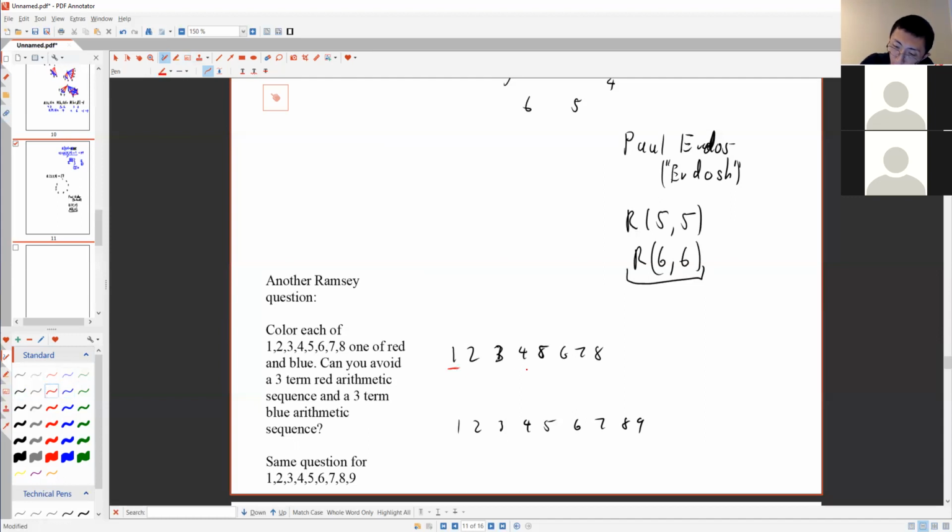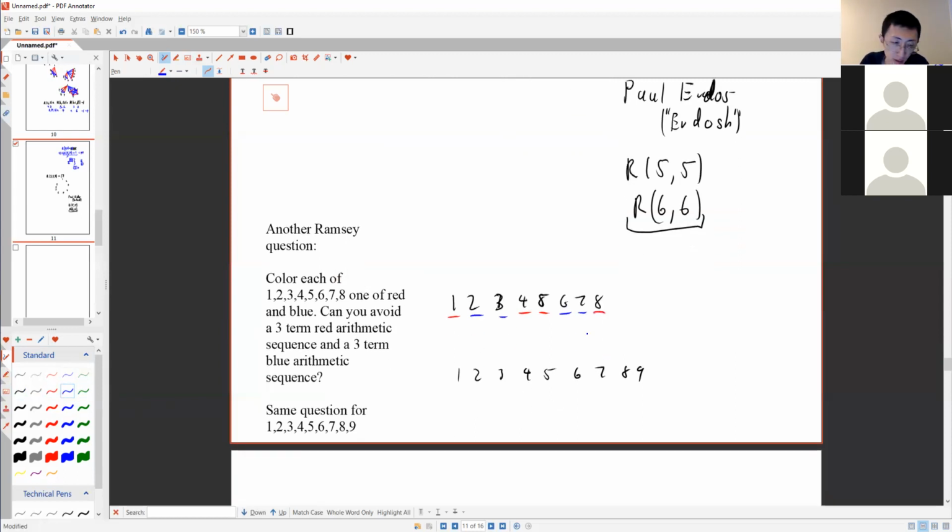Let's say I color it like this. Then there's no red arithmetic sequence of length 3, and there's no blue arithmetic sequence of length 3 either, with any common difference. Okay, but with 9, I think it's not possible. And there's a nice proof of why, I think.